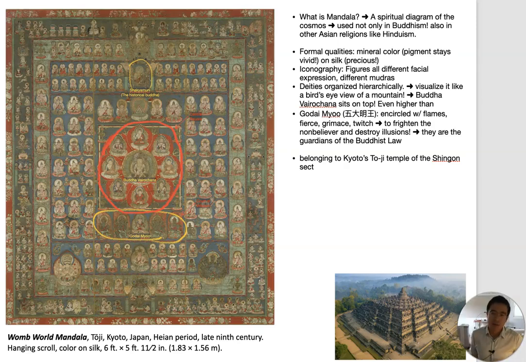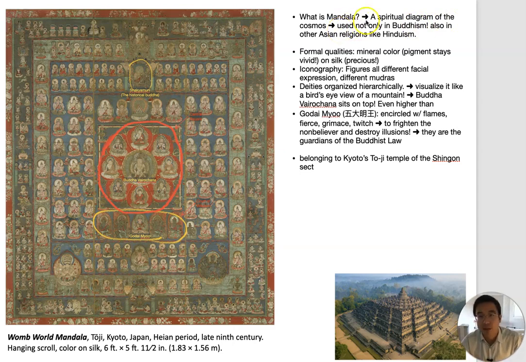Okay, now let's look at another visualization of the Buddhist world. It's this mandala. Well, a mandala is actually a representation, like a construction of the universe, but a universe as it's understood in Buddhism. So it's a spiritual diagram of the cosmos, how the world looks.